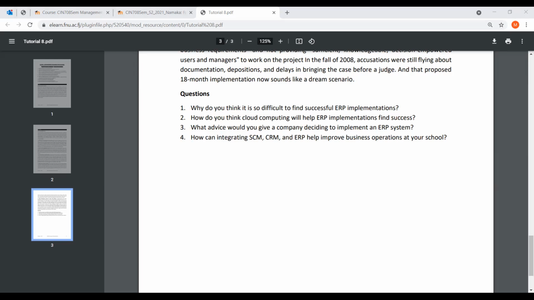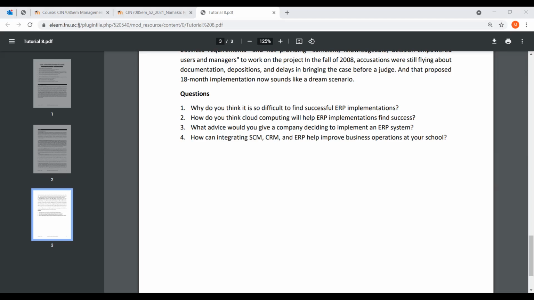It is difficult to customize, comma, deploy, comma, train, comma, and upgrade these huge expensive systems, full stop.